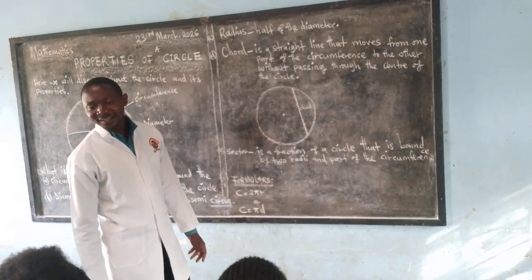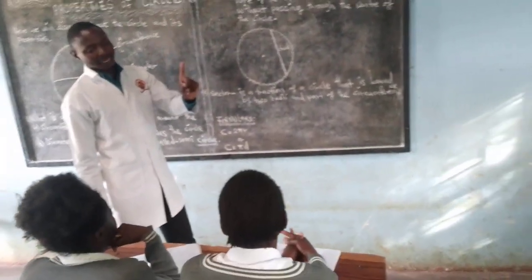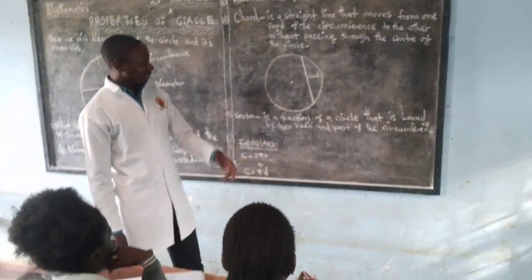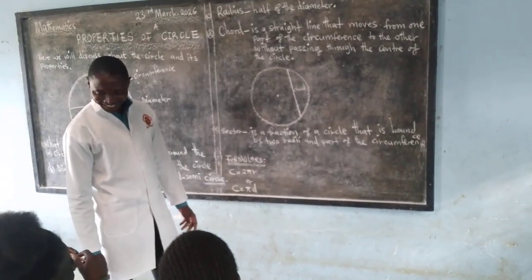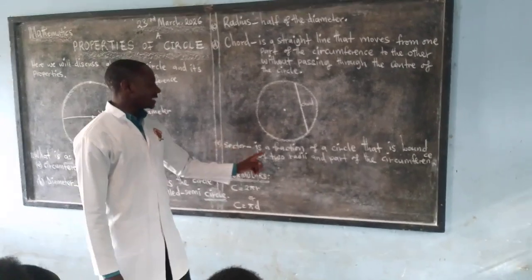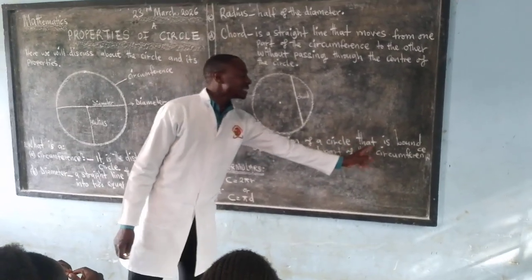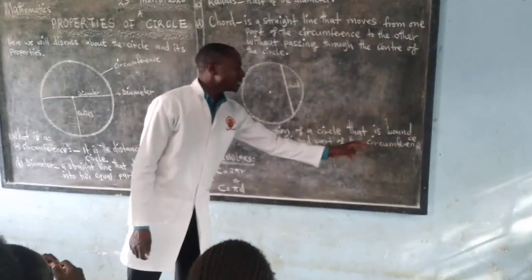Radii. Radius is 1, 2 radii. A sector is a fraction of the circle that is bound by 2 radii and part of the circumference.